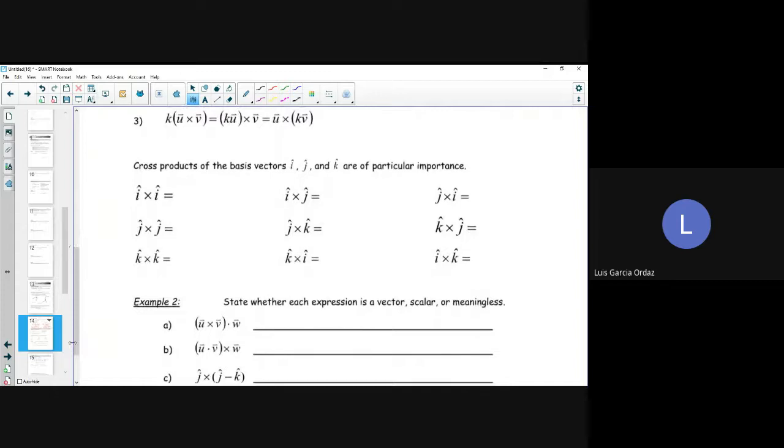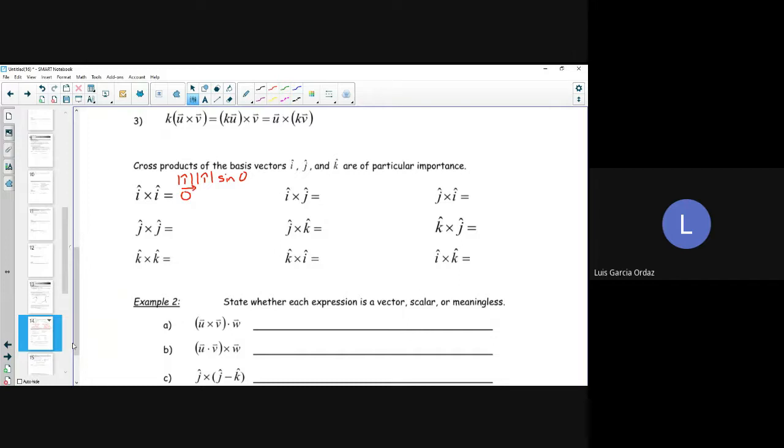Now the cross products of the basis vectors i, j, and k are of particular importance. If I have the vector i cross product i, using the information that we have about the cross product, I can write it as the magnitude of i times the magnitude of i, and because they're the same vector, it's multiplied by sine 0, which means I get the 0 vector.